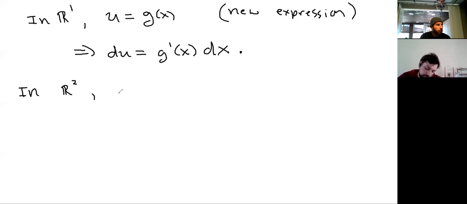So suppose in R2 we have u, v equals two new functions. Maybe I'll use g of, now here's the dilemma.